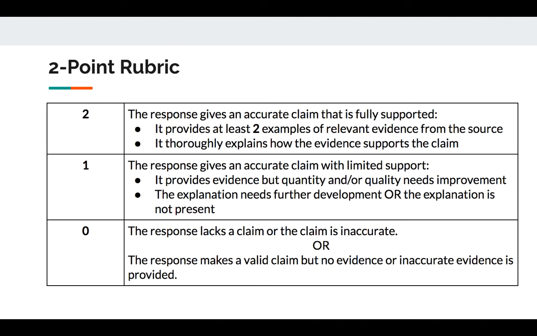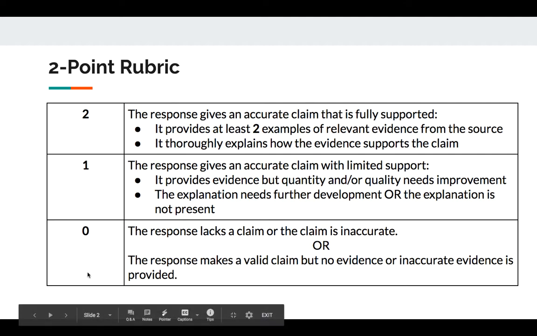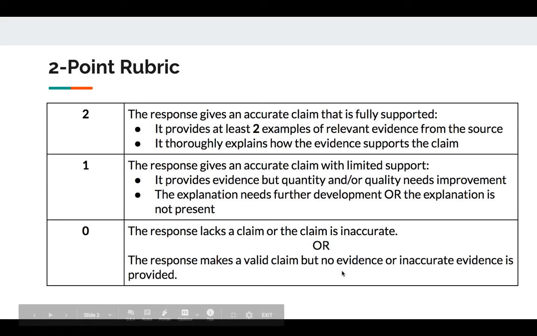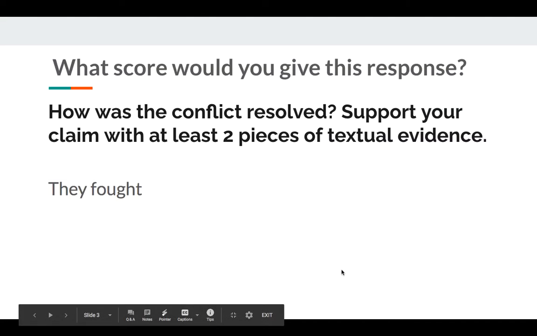What score would you give this response on our 2-point rubric? Think about it. It unfortunately would be the 0, right? Because it has no evidence and there's no explanation. Even though the claim is fairly accurate, there is absolutely no evidence.